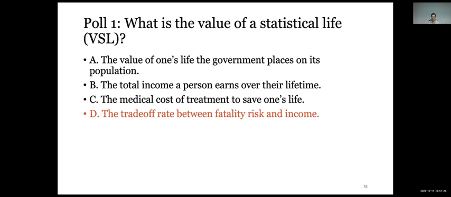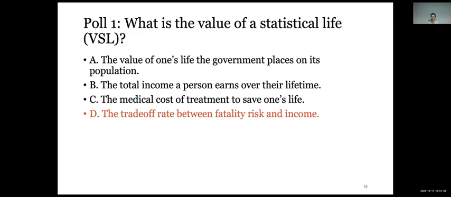For the first option, the value of one's life that the government places on its population, this is not correct. This is one of the most common misinterpretations of the value of statistical life. Many people believe that when the government publishes a value of statistical life, it means the government places that value on its population.